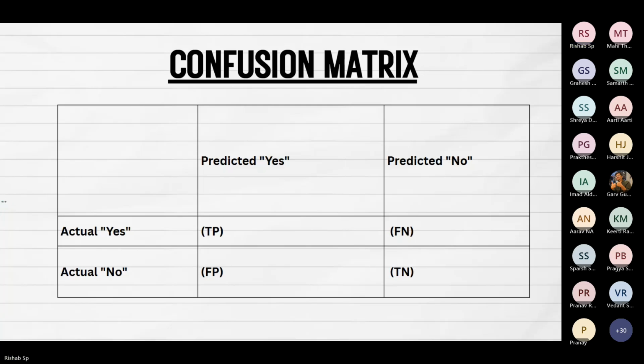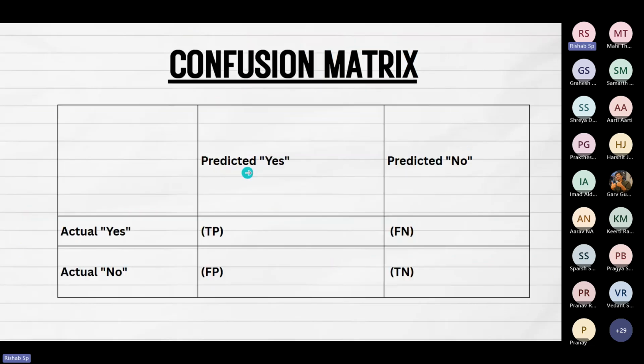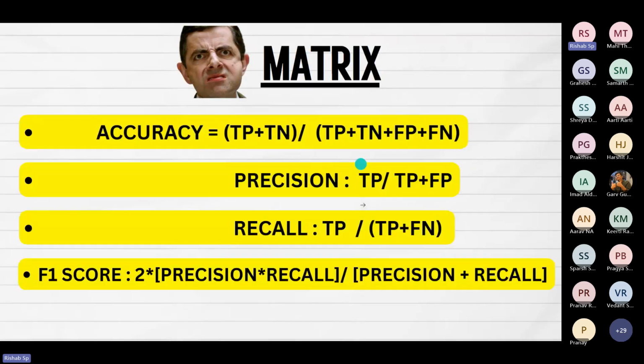Using this confusion matrix, we can find 4 values: accuracy, precision, recall, and F1 score. These are the equations. If you know them, and a table is given like this with TP, TN, FN and FP, just be aware of the equations and you will get the answer.